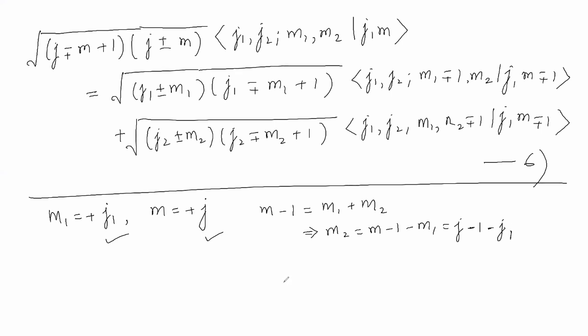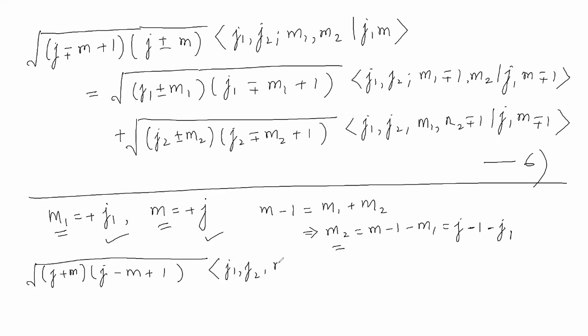And if you put this value of M1, M and M2 in the lower part of equation 5, then what you are going to get is, just rewriting it for your convenience, J plus M plus 1, J1, J2, M1, M2, J, M minus 1.